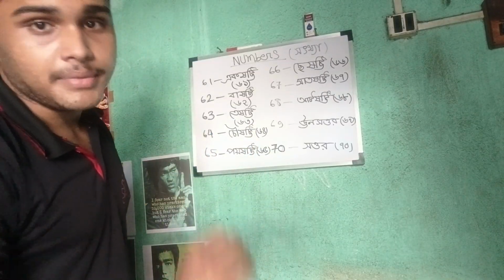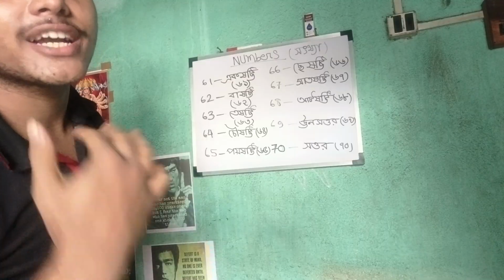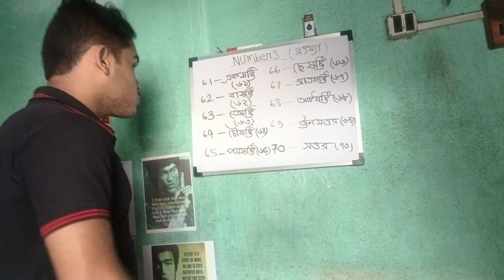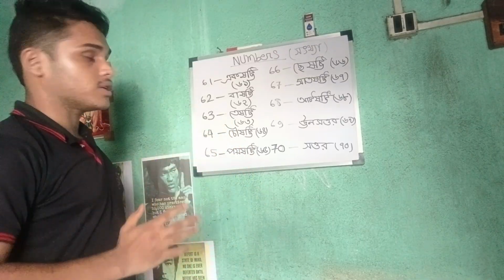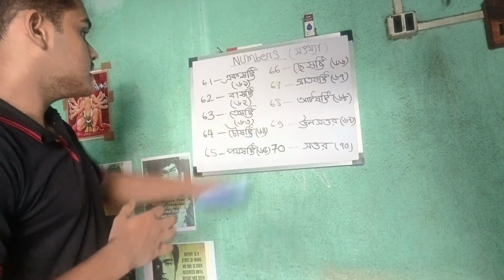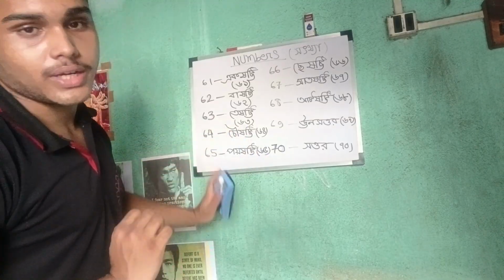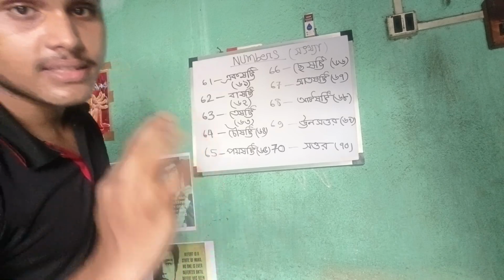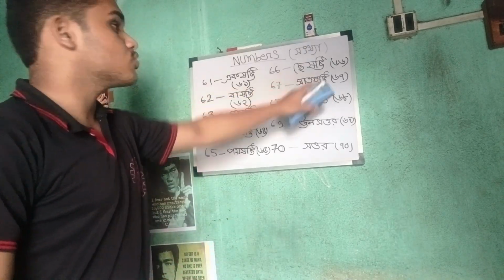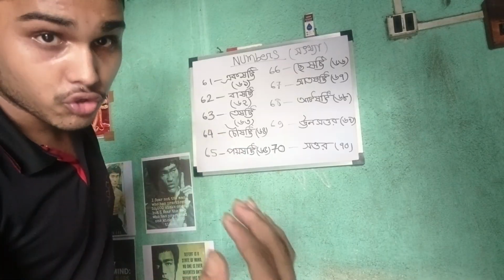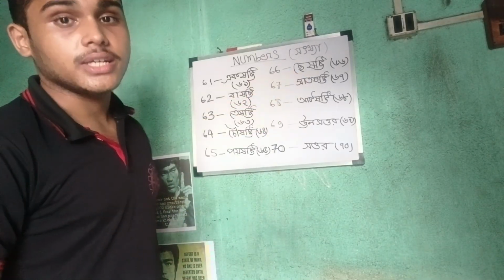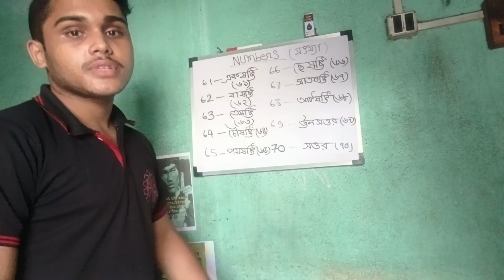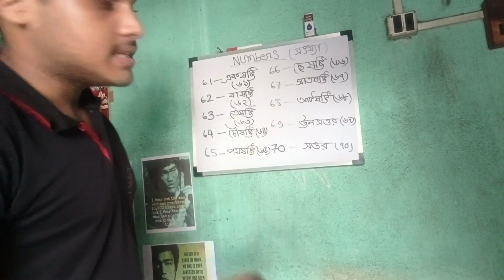First is 61 means ekষট্টি, 62 means bâṣôṭṭi, 63 means têṣôṭṭi, 64 means chhôuṣôṭṭi, 65 means পঁয়ষট্টি, 66 means chhêṣôṭṭi, 67 means sâtôṣôṭṭi, 68 means আটষট্টি, and 69 means unosôttôr.